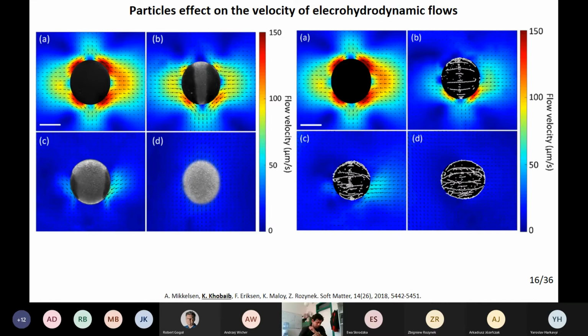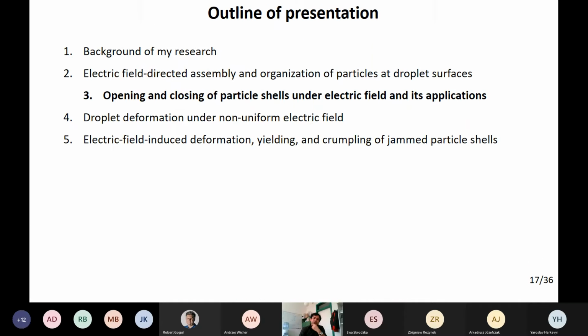Now I want to move to the next part of the slides, which is about the opening and closing of the particle shell under an electric field, and I will also show you some of its applications. Before we start my work, I want to show you some motivation, where people have already worked on the manipulation, opening and closing of the particle shell on the droplet interface.